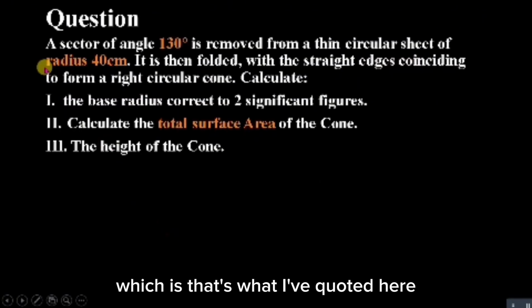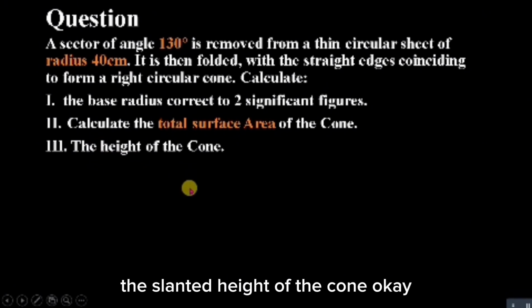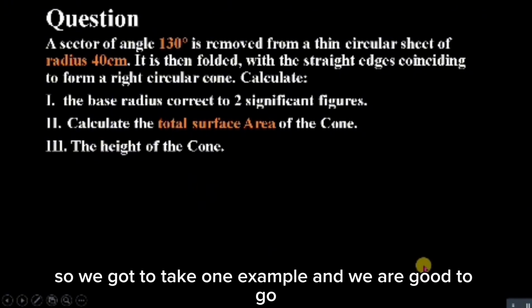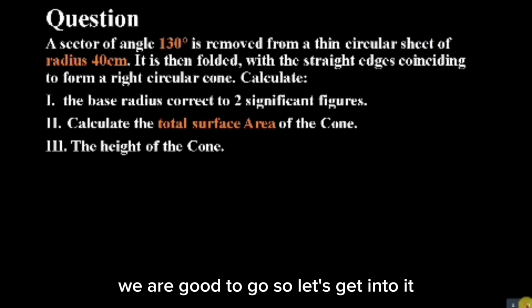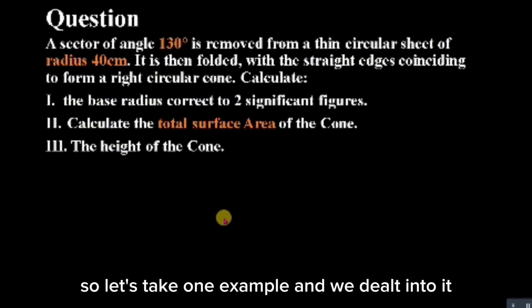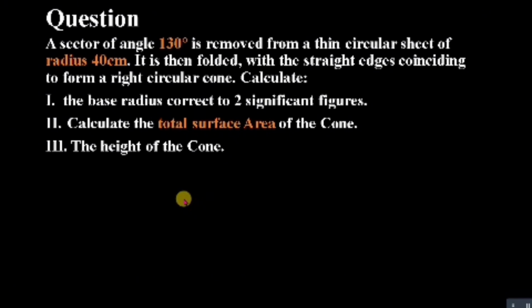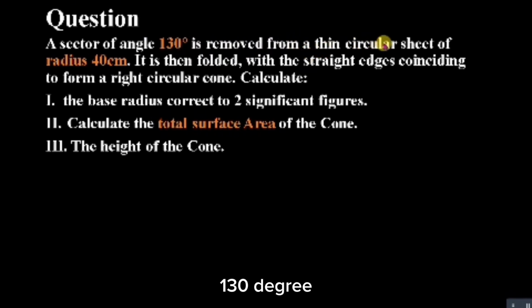Okay, so we take one example and we are good to go. So let's take one example and we delve into it. The question says that a sector of angle 130 degrees is removed from a thin circular sheet of radius 40 centimeters.